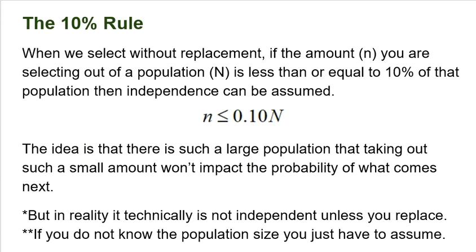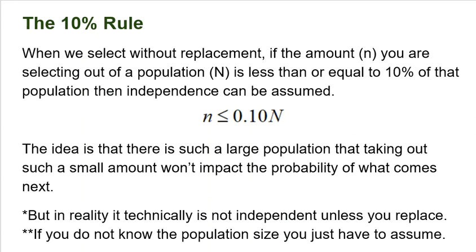So that's kind of what this rule says, right? Most of the time you don't actually measure what the 10% is. You just have to have an understanding that if there's thousands and thousands of marbles and I take out 2, that's clearly less than 10% of all the marbles. I mean, even if there was 5,000 marbles, 2 divided by 5,000 is literally 0.0004. It's just a very small chunk.